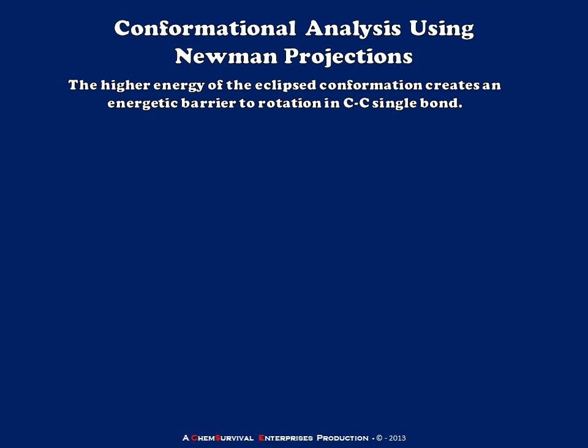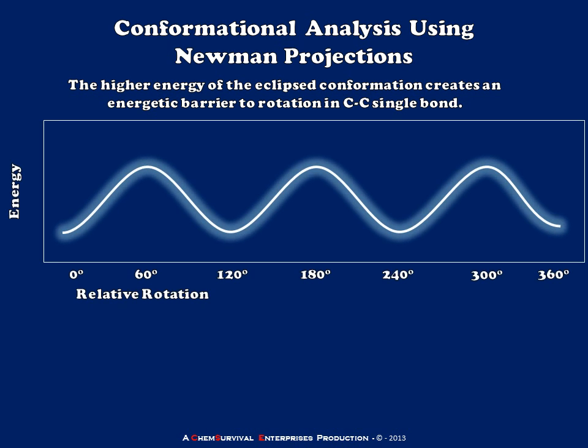Okay, so let's get down to business now. When you turn in your book to the Newman Projections page or chapter, you're almost certain to see a diagram which looks like this. This diagram relates the relative energy, or free energy, of a rotameric state as a function of the relative degree of rotation along the carbon-carbon bond. Now, what's trying to be shown here is the following. Let's take a look at my ethane molecule again.